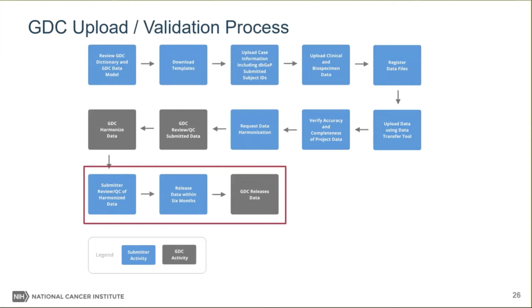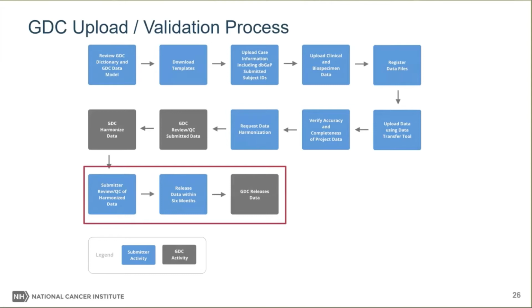Okay, so after the GDC data is harmonized, users will be able to download the harmonized data using either a manifest or using the IDs that are taken from the submission portal. So some harmonized files will show up on the submission portal.